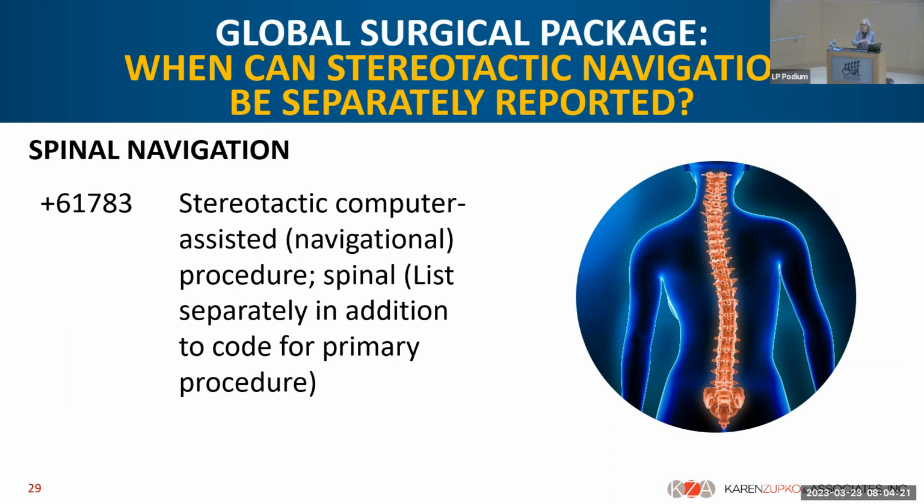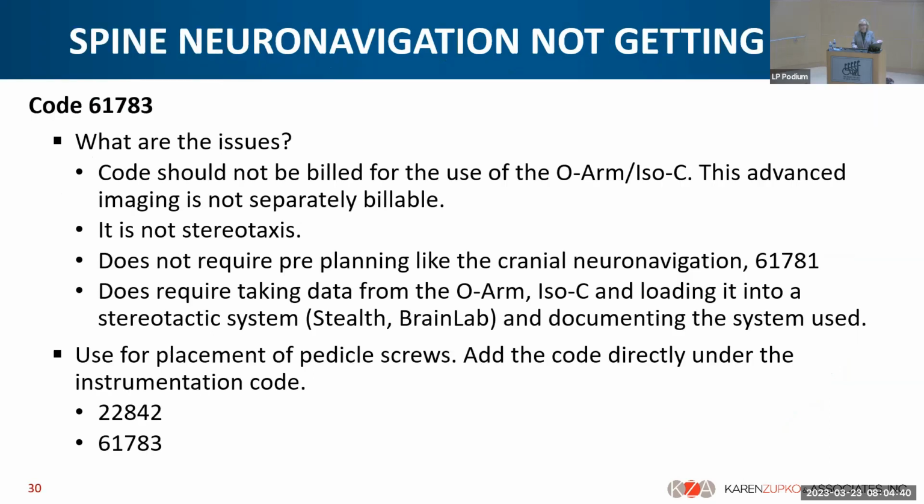In order to bill this code, and all the work is done intraoperatively, you have to take the spin from the O-arm or whatever advanced imaging you're using, upload that to a stereotactic system, and get stereotactic information to place the pedicle screws. That's the only time when the 61783 is billable.